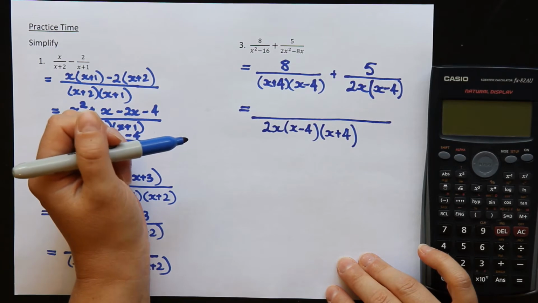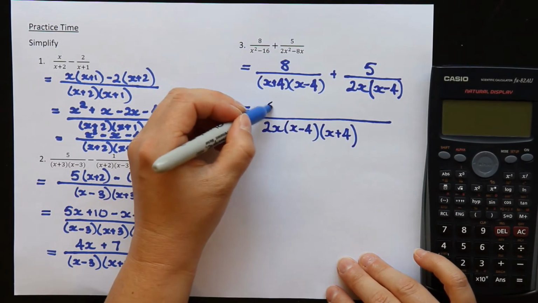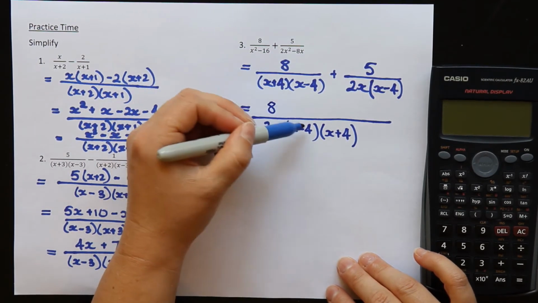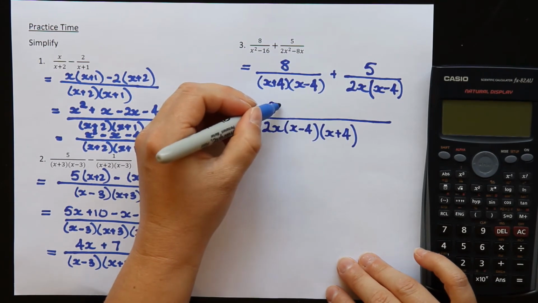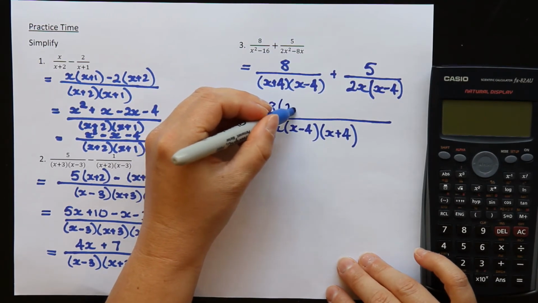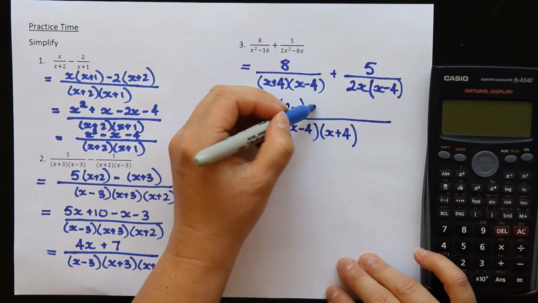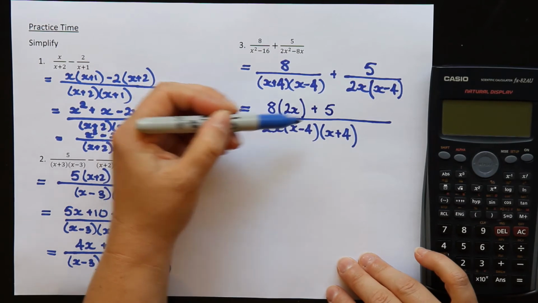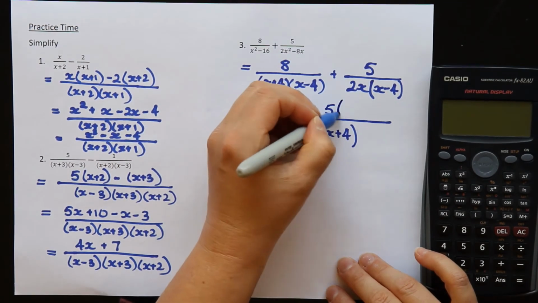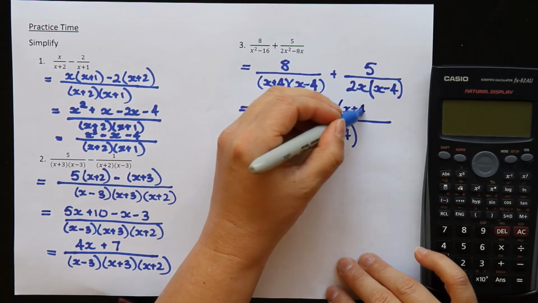Alright, now let's work out what has to go on the top. The 8. Well, I had the x plus 4 and the x minus 4 already. So it's just the 2x I have to times that by. So let's just put that in a bracket for now. Plus the 5. I had the 2x, I had the x minus 4. So the x plus 4 needs to be multiplied here.